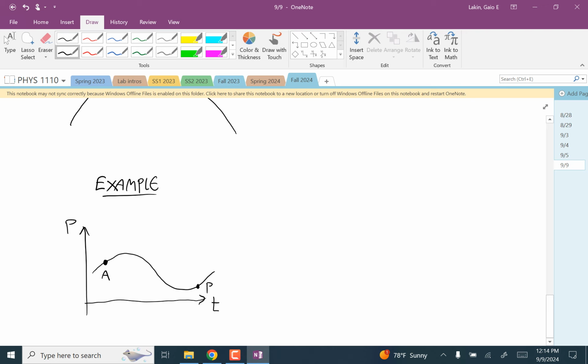Point B is here. And then I'm going to put C in the middle somewhere. And we want to figure out what are the signs of the velocity and acceleration at points A, B, and C.